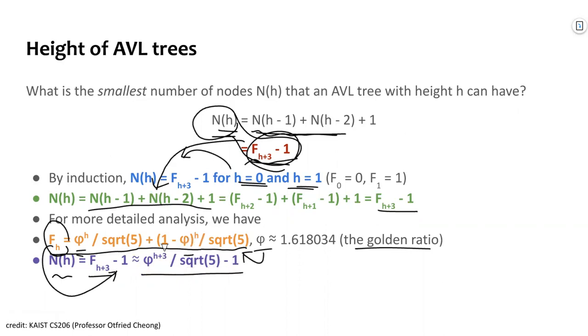And because this number is smaller than 1, when we multiply these several times, it's going to become 0. So we can ignore this part when we are approximating this number. Okay, so this is the detailed analysis of the smallest number of nodes of an AVL tree.